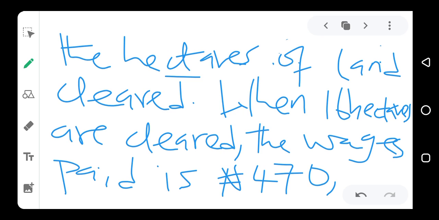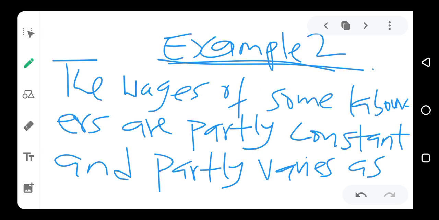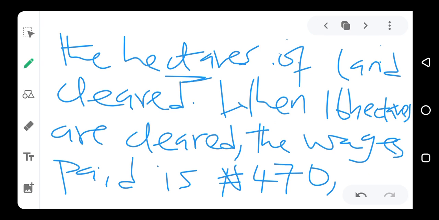That is hectares, so we can call hectares H. So it means that the wages is partly constant, so W is equal to A, and partly varies as H. So W varies directly in this case because it is not stated otherwise. So we take it as a direct variation. So W varies directly as H, where H is equal to hectares and W is equal to wages paid.